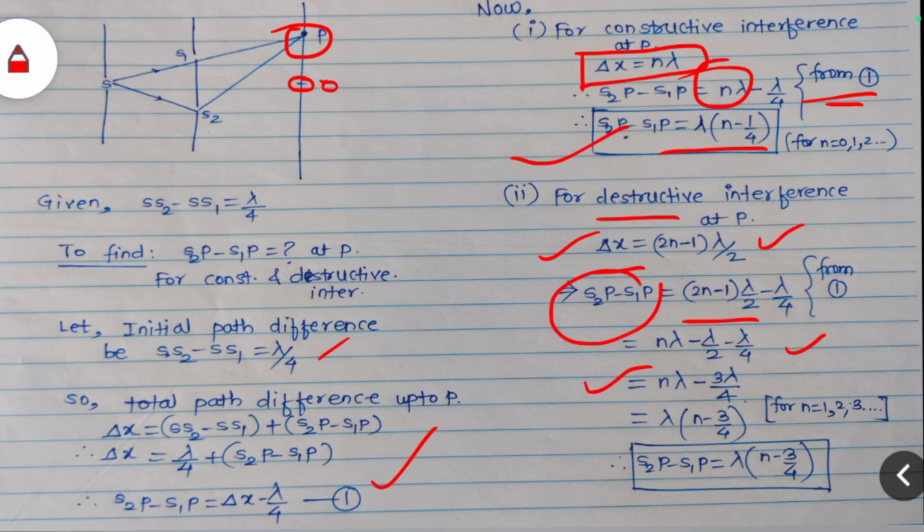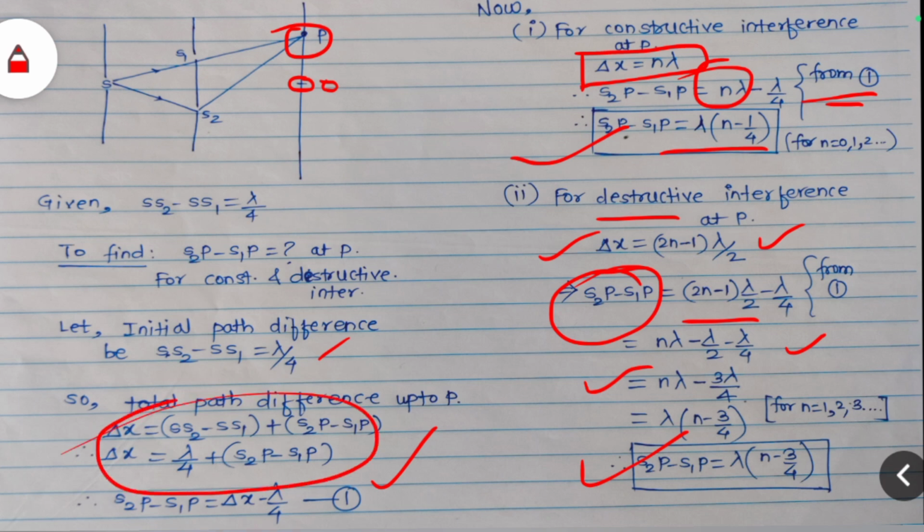It is also S2P minus S1P for destructive interference. In this way, for both constructive and destructive interference, we can find this solution very simply. What we have done is just use two formulae: one is the total path difference and the other is the path difference only, and we wrote down this relation, and after that we got the solution.